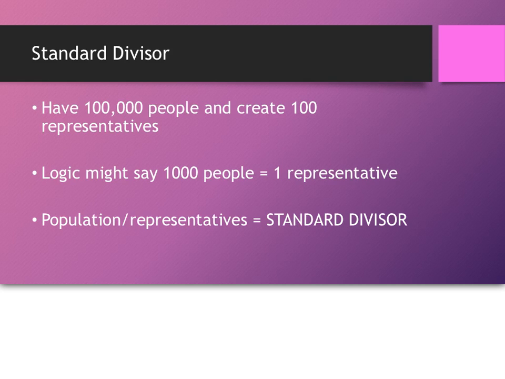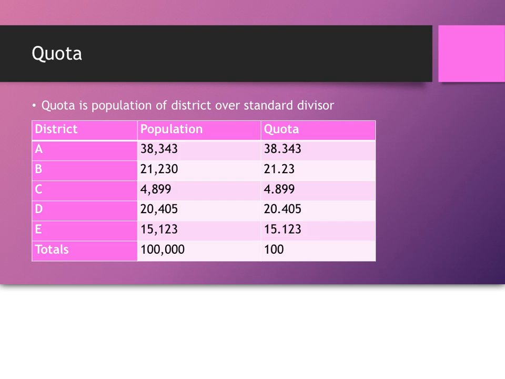If you think about that, that would mean, in this case, exactly 1,000 people would be one representative. The idea of the standard divisor is essentially to get a number of people per representative. So in this example, our standard divisor was 1,000.